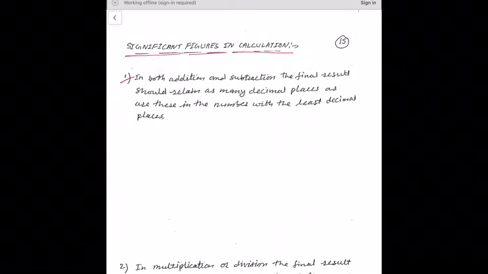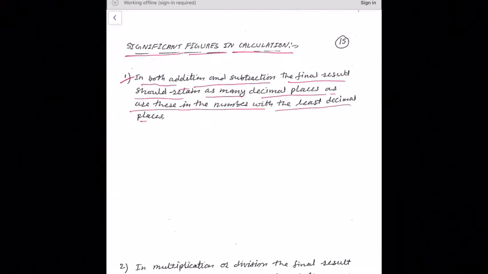First, in both addition and subtraction, the final result should retain as many decimal places as there are in the number with the least decimal places. For example, first, the sum of the numbers 33.3, 3.11, 0.313.